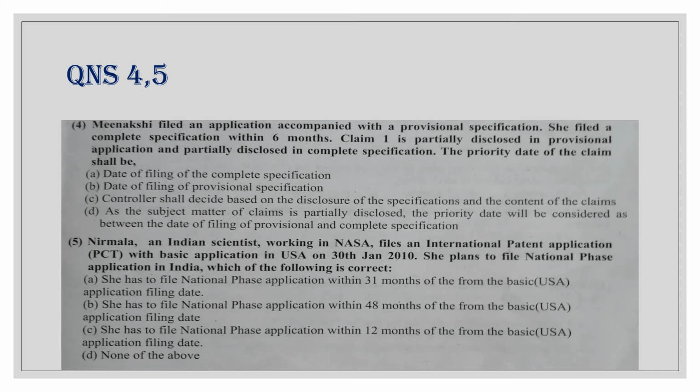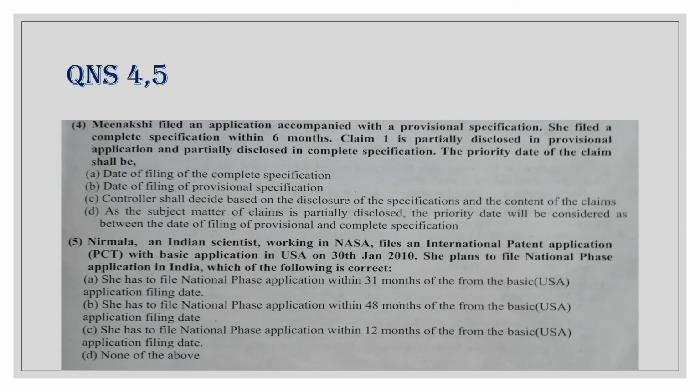Option A is she has to file national phase application within 31 months from the basic USA application filing date. Option B, she has to file national phase application within 48 months from the basic USA application filing date. And option C is she has to file national phase application within 12 months from the basic USA application filing date.